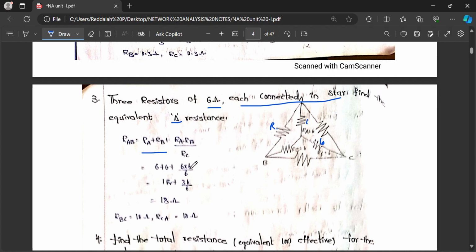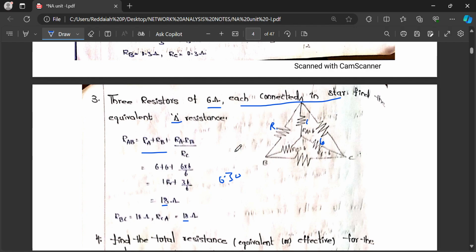All are 6 ohm: 6 plus 6 is 12, plus 6 into 6 by 6, which is 36 by 6, gives 12 plus 6, 18 ohm. Simply, if all resistors in star are 6 ohm, we have to multiply by 3, 6 into 3. The delta equivalent resistance is 3 into star R, which is 18 ohm.